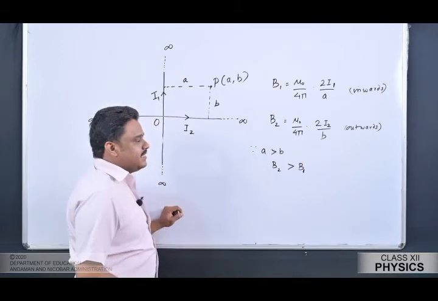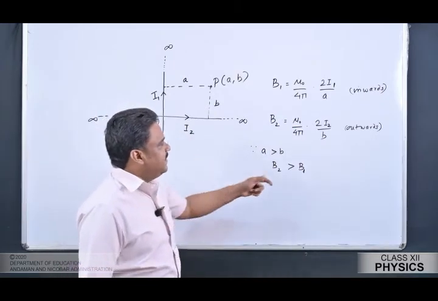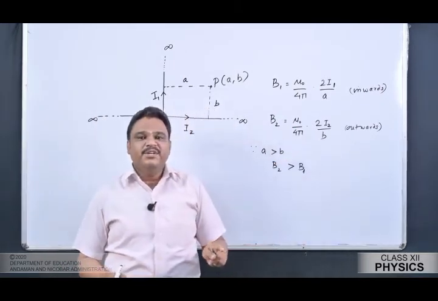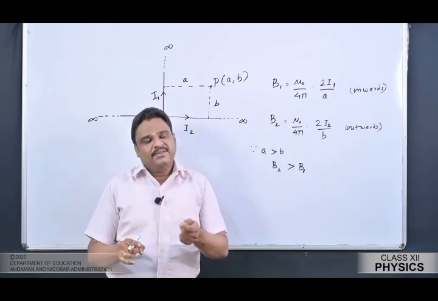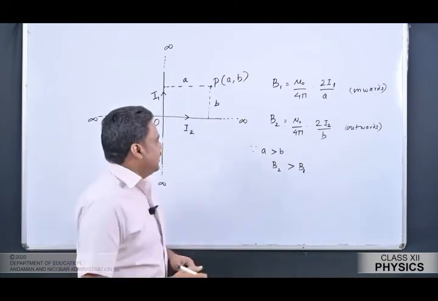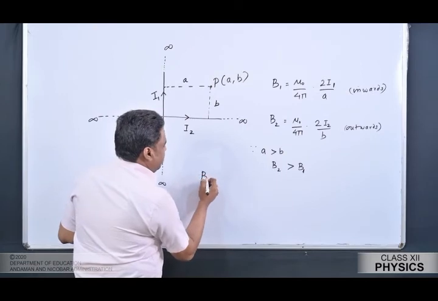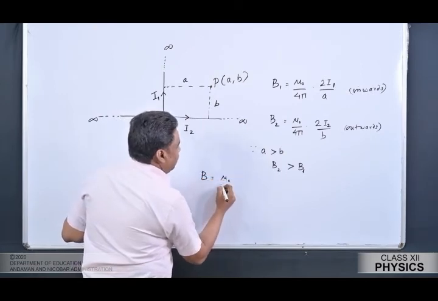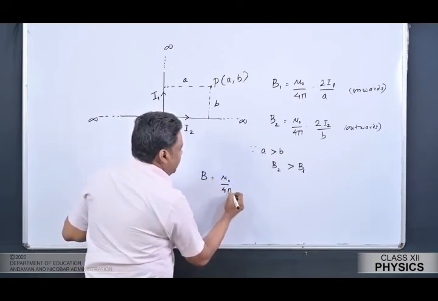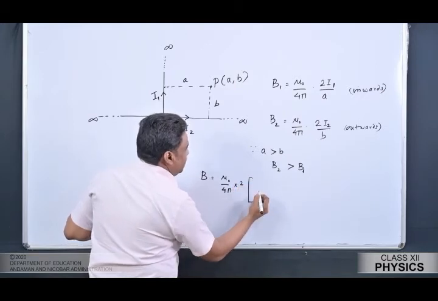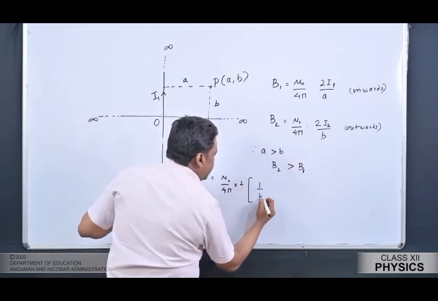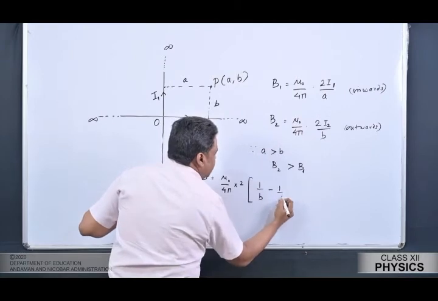So which will dominate? B2 will dominate and our net field will act outward. Whether we add the two values or subtract, obviously we are going to subtract the two values. So the net magnetic field will be mu naught by 4 pi into 2 taken common. What is left here is 1 by B, and what is left in the first one is 1 by A.